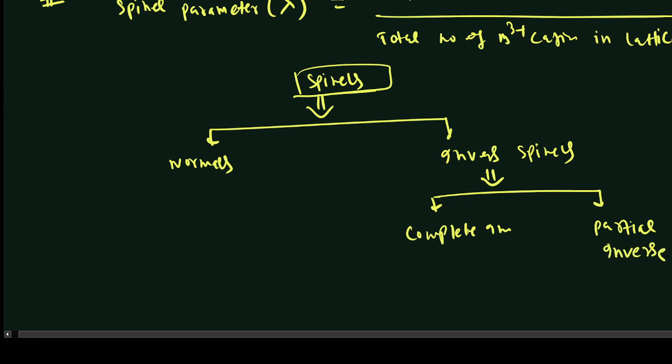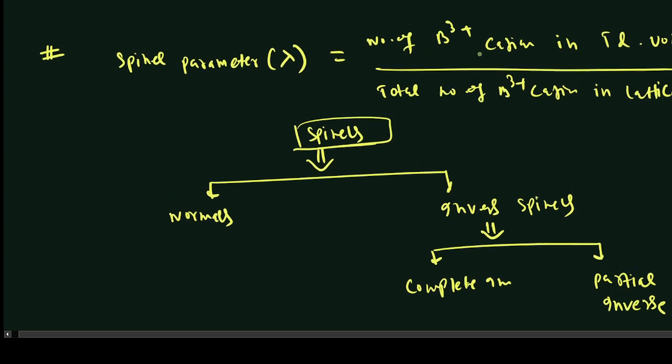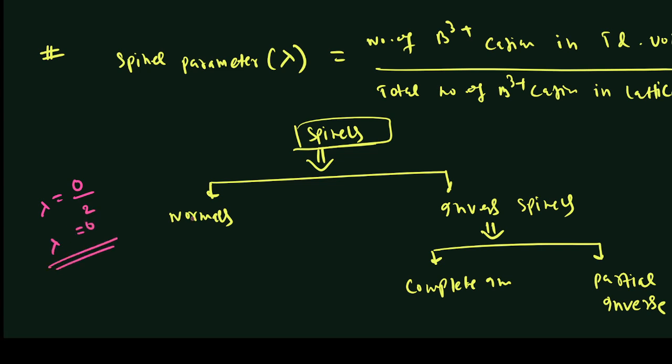So the spinel parameter is the number of B3+ cations in tetrahedral sites upon the total number of B3+ cations in the lattice. Here for normal spinels, all B3+ cations are in octahedral sites, so no B3+ in tetrahedral sites. So the parameter is going to become 0 upon 2, that is 0. So here the lambda value is 0 for normal spinels.